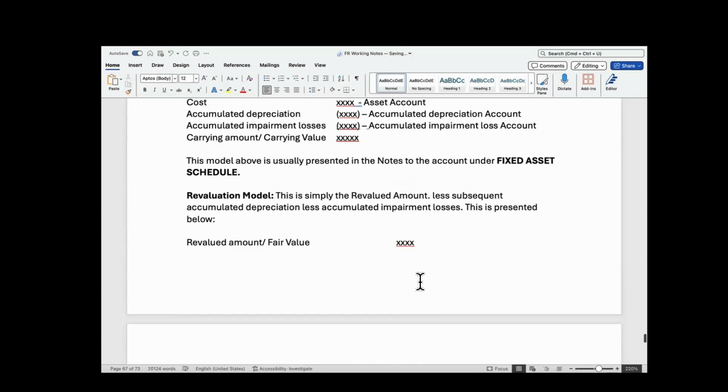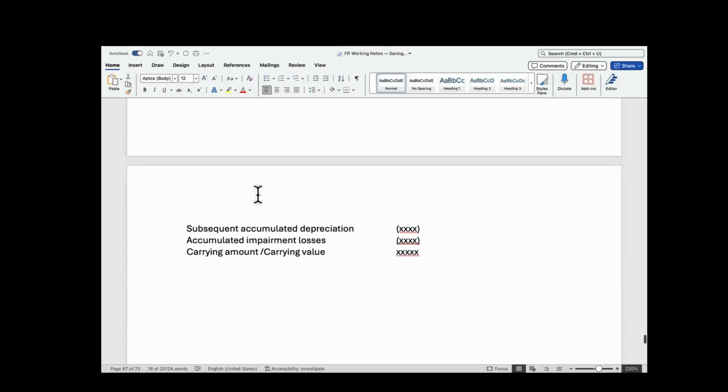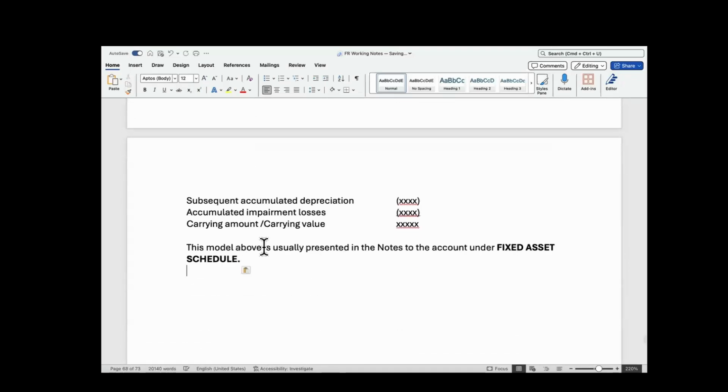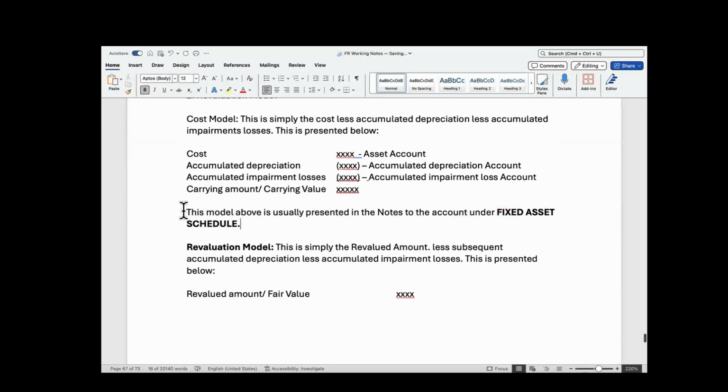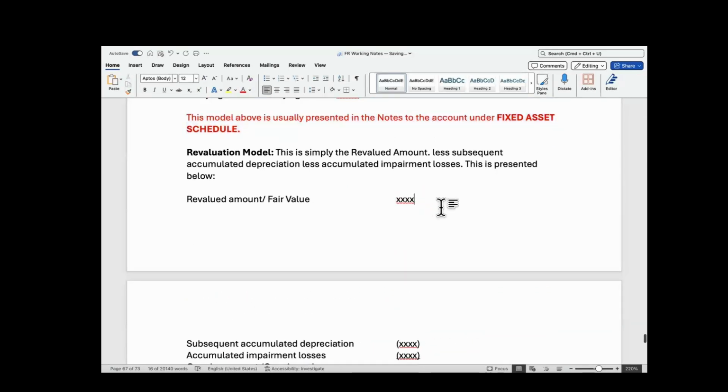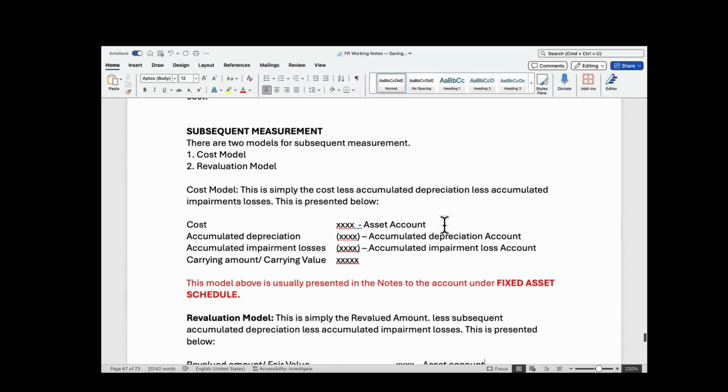Again, this schedule, let me write it again so it sticks. This model above is presented in note accounts under fixed asset schedule. Let me even put it in red so you know that. So this one, revalued accounts, you find it in the asset accounts at cost. That's the component of cost we discussed above.